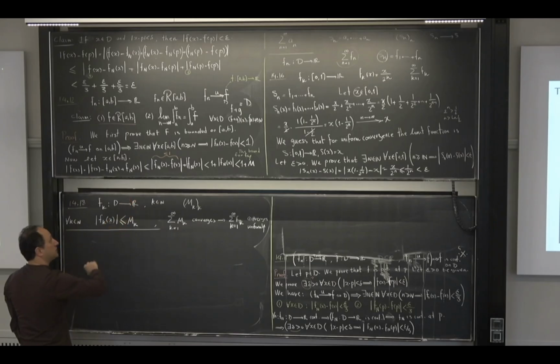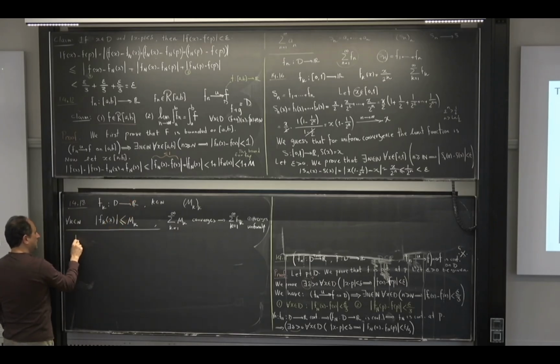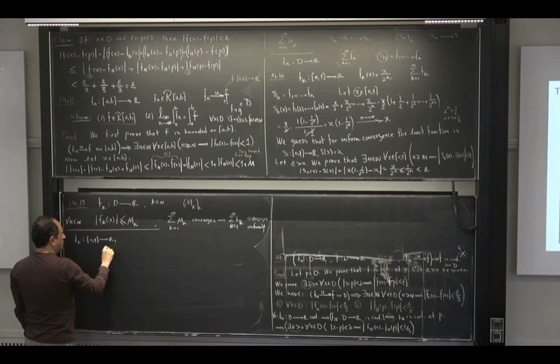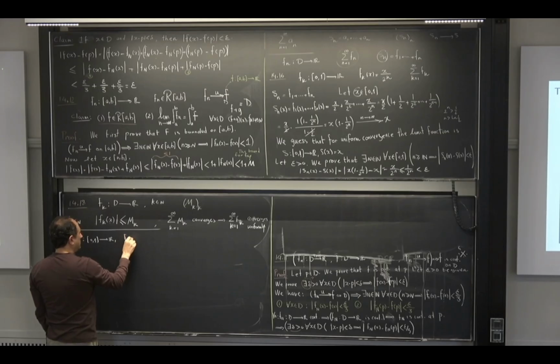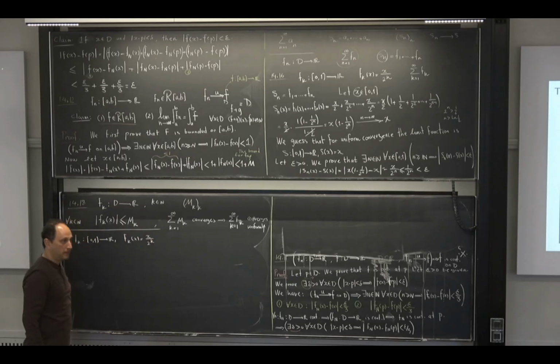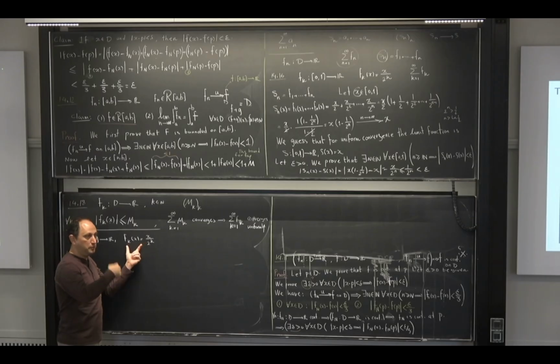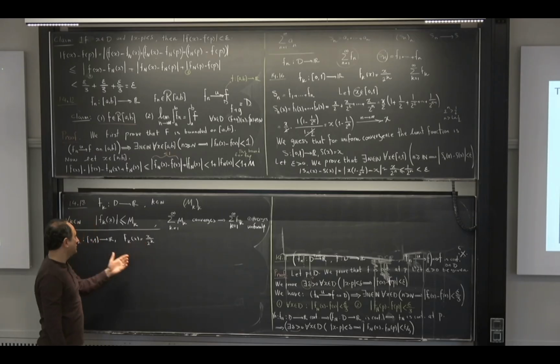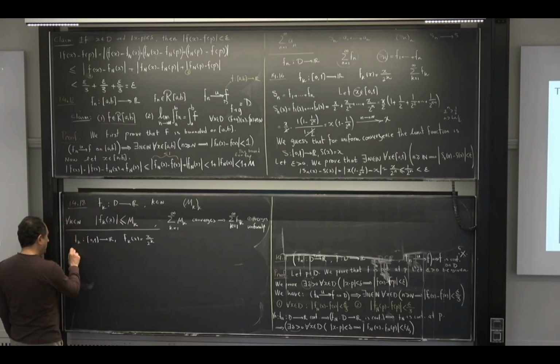It was f sub k, and f sub k of x was x over 2 to the power k. What I want to do is find an upper bound for these functions for each k. So let k be a fixed natural number.